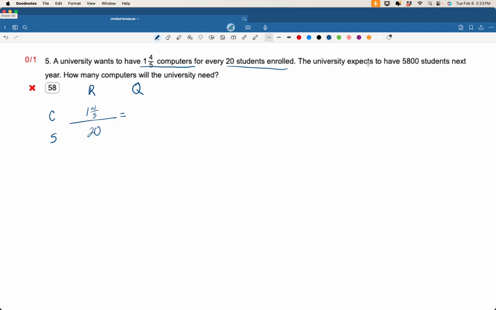So the university expects to have 5,800 students. That is the amount you put on the student line. So we put 5,800 here because that's the students. The students are in the denominator in this setup. So we don't know how many computers we need, but we do have an equivalent fraction here, or a proportion statement that allows us to cross multiply.